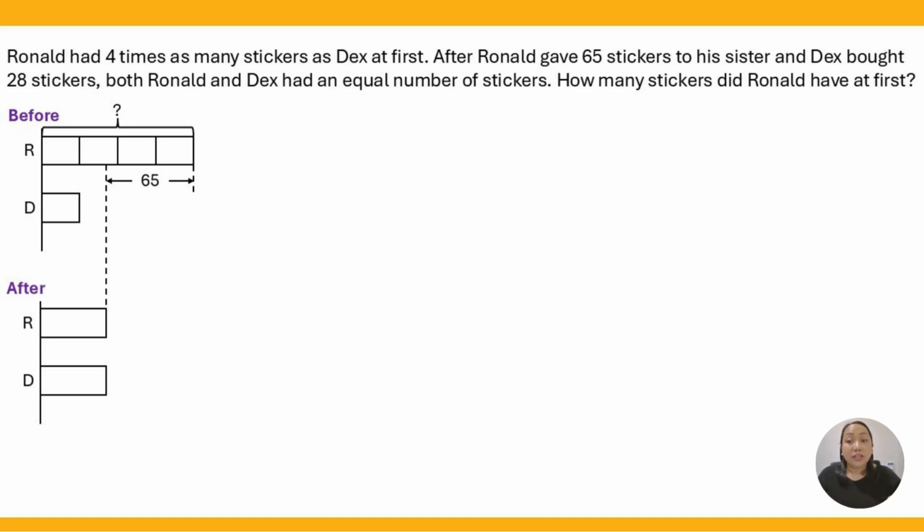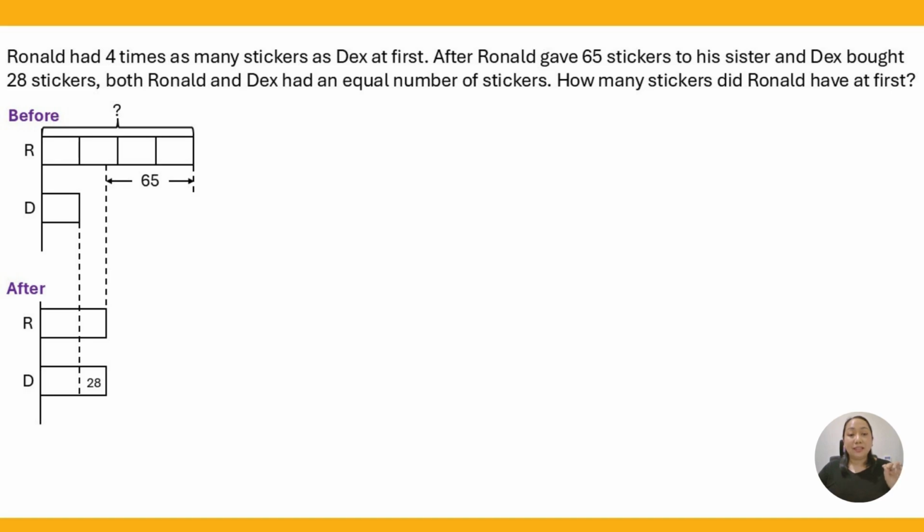That's why Ronald has fewer stickers in the after model compared to the before model. So we'll draw a long broken line to see the difference between the before and the after model of Ronald, and we will label the difference between the two 65.